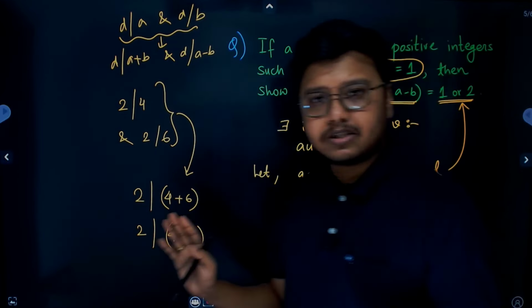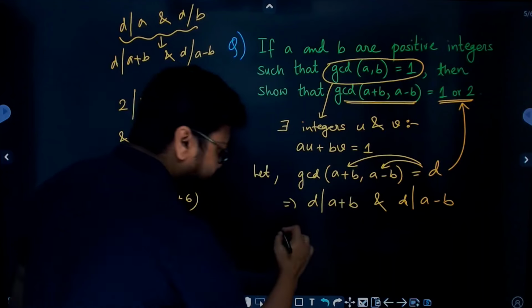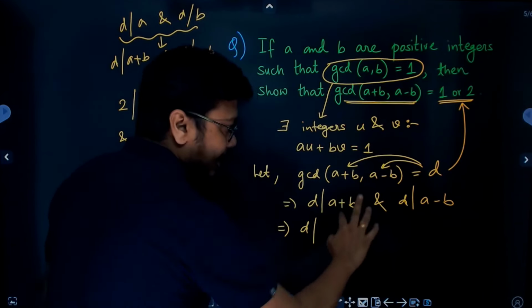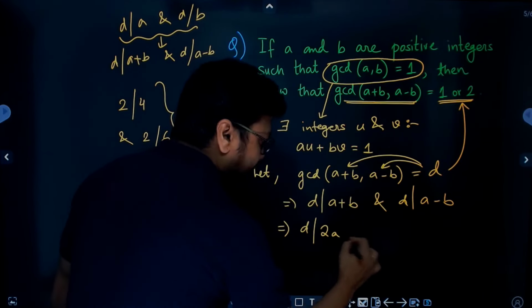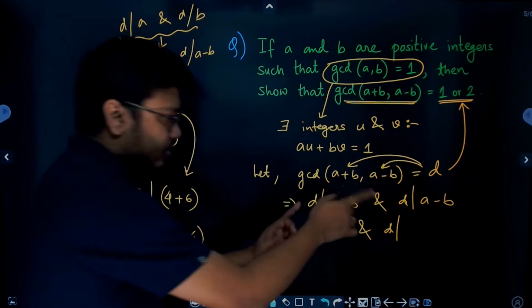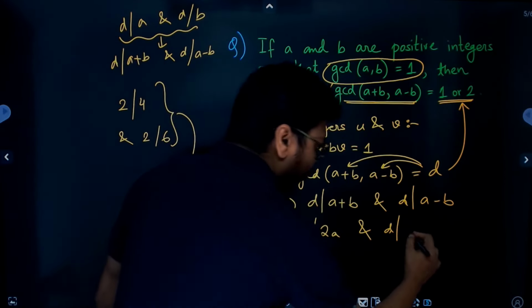So if I apply that concept here, let's say d divides this entire thing, I call it a, and this entire thing I call it b. So d divides a and d divides b. That would mean d will divide the addition of both these things and the subtraction of both these things. So d divides the addition, which would be 2a, and d divides the subtraction, which would be 2b.